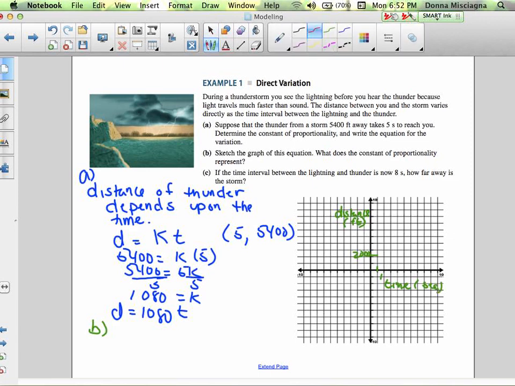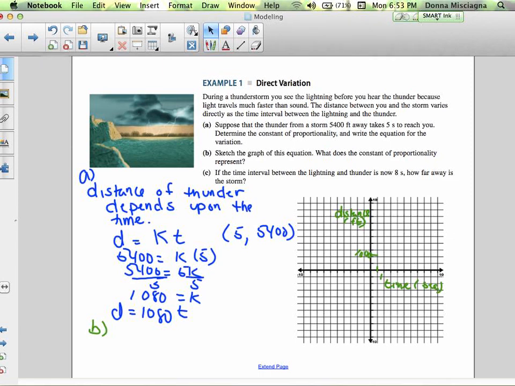Oh, actually, you know what? I'm thinking of the 5,400 feet, not, let's keep it the way it was, I'm sorry. Not the 1,000 feet when we simplified. We can make each line worth 1,000, or every other line worth 1,000.